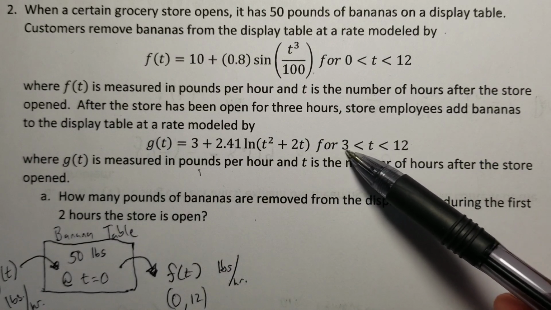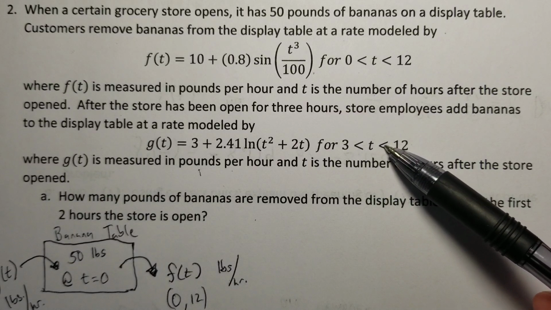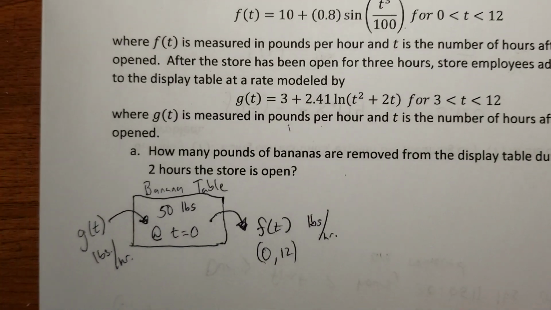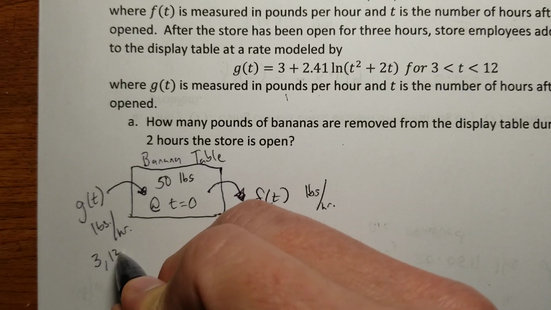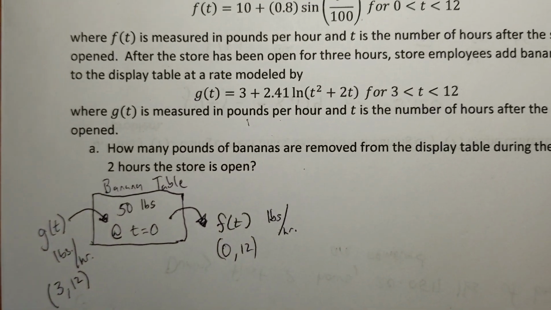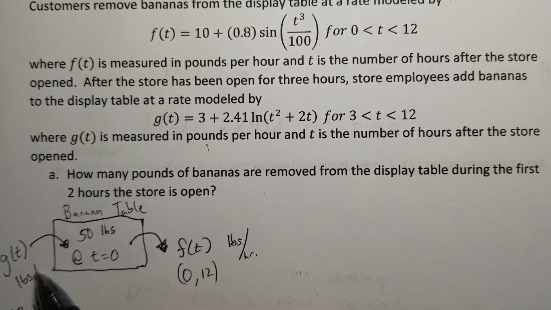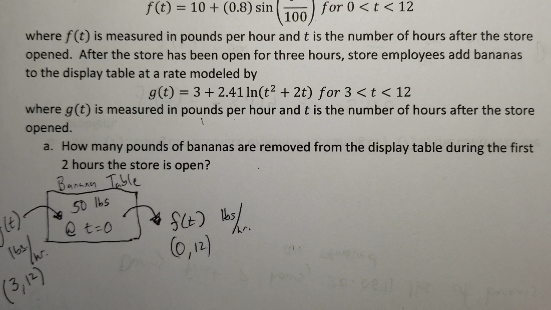And again, they show its time going from 3 to 12 because they don't start restocking until 3 hours into the workday. So from 3 to 12. Where g of t is measured in pounds per hour, we've got that. And t is the number of hours after the store opens.